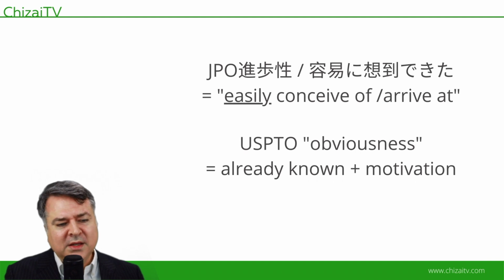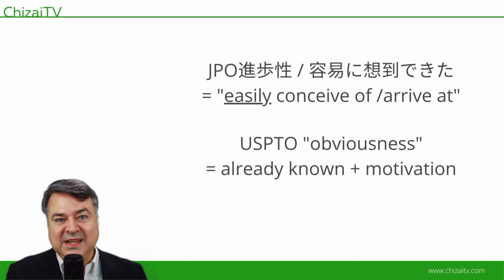But a big difference between the JPO and USPTO is that even though the dictionary definition of obviousness, so if you look up obviousness in a dictionary, the term easy will be there, easily noticed or something like that, in the USPTO, when you're prosecuting your patent applications, the term easy isn't really applicable.